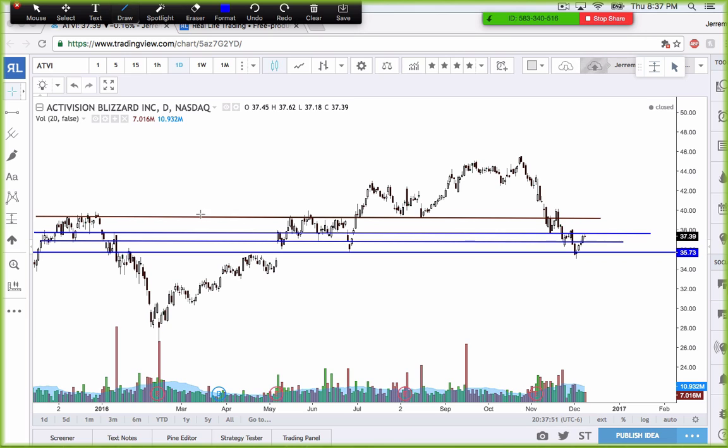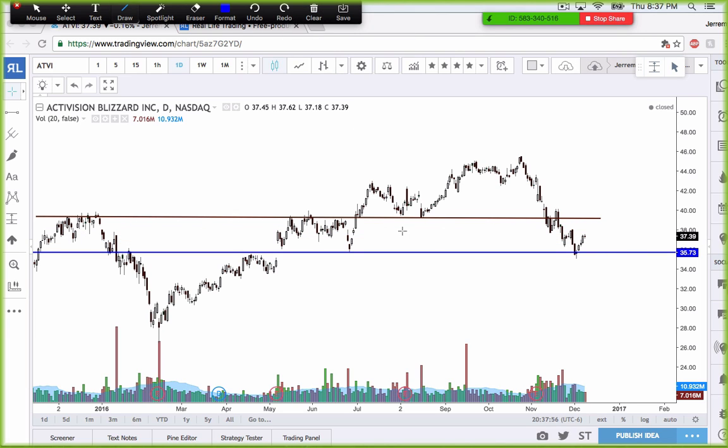Which one's the support resistance? Which one's it going to trade to? So just get your lines in place. If I were to draw another line, I'd probably draw one up here and one down here somewhere, because that's about the price range that we're dealing with. So we got the daily chart.